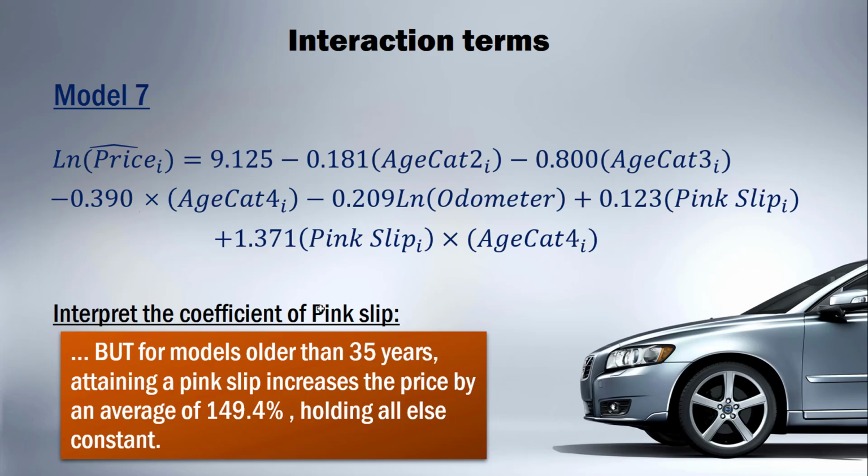So I've added these together to get 149.4%. So you can see that the effect of having a pink slip changes depending on how old the car is. If the car is less than 35 years old, the effect of having a pink slip is not that great. But if the car is greater than 35 years old, the effect of having a pink slip is massive.